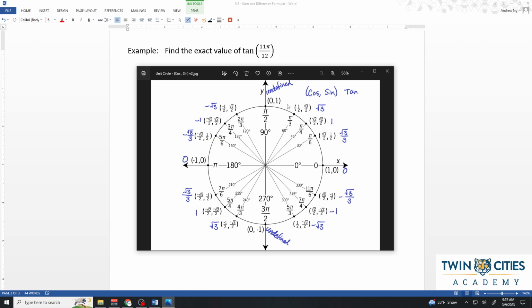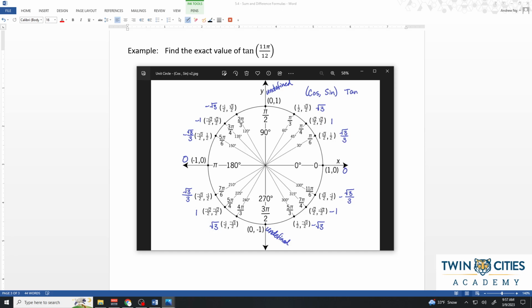Let's see. 12. So 2 pi over 3, I multiply that by 4 over 4. That will give me 8 pi over 12. And then pi over 4, I multiply that by 3 over 3. That'll give me 3 pi over 12. So 8 plus 3 is going to make 11.